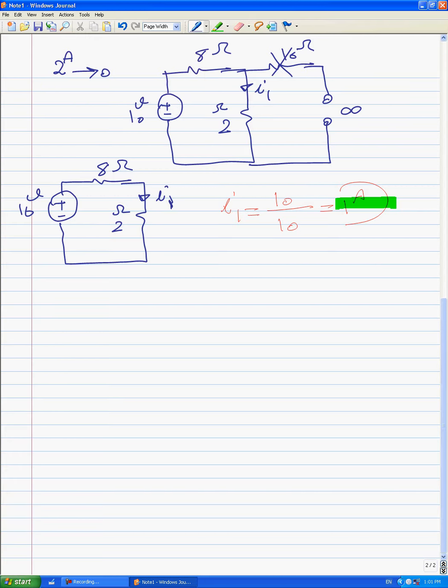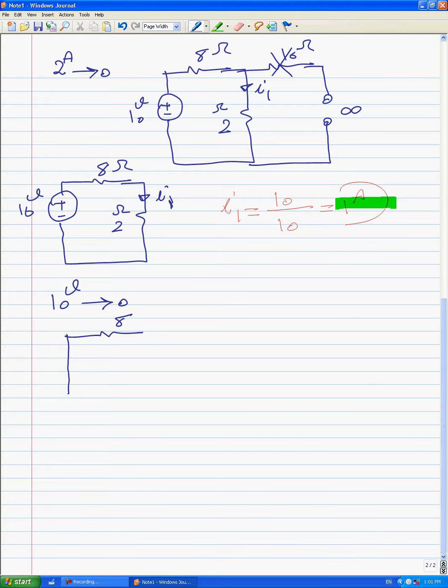For the second part, we should change 10 volts to 0, which means we should put a short circuit instead of 10 volts. The circuit should be simplified like this.